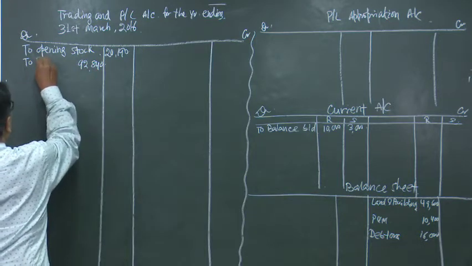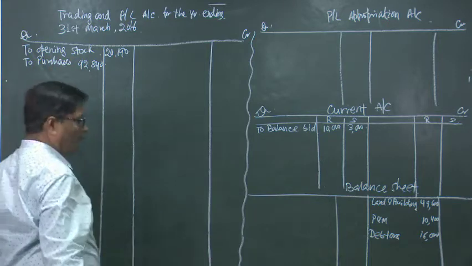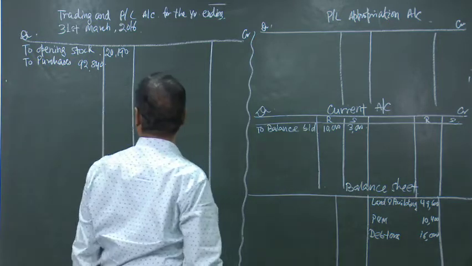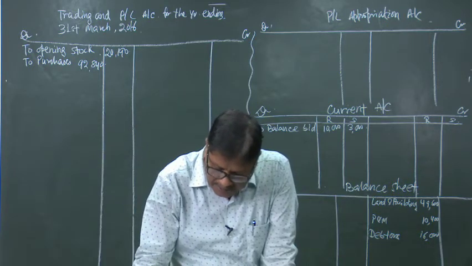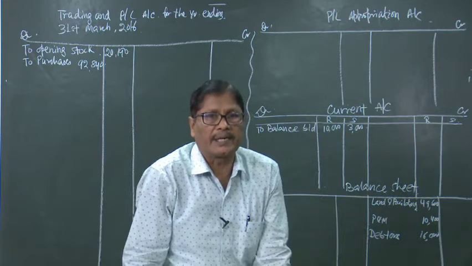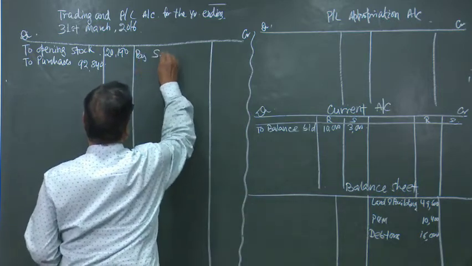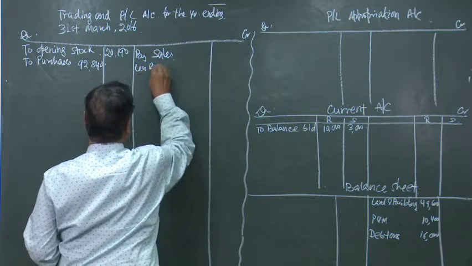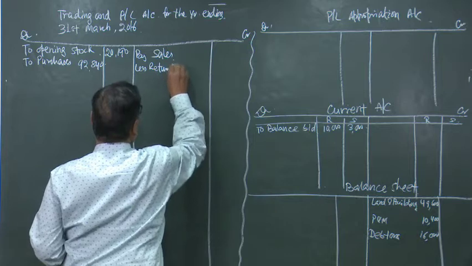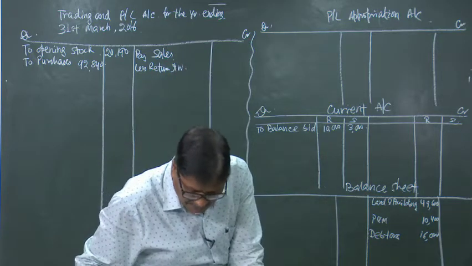To purchases 92,840. Next item, return inwards 3,700. Return inwards means sales return. So, when we write by sales, from that we can write less return inwards, and return inwards are 3,700.